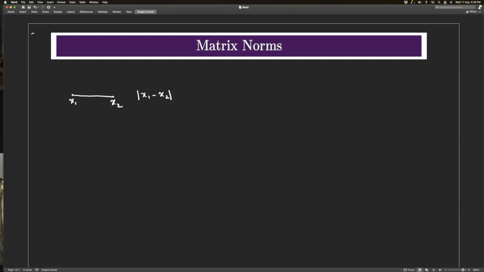The same, if you come to R2 and take 2 points, say x1, with coordinates x1 and y1, and another point, say x2, with coordinates x2 comma y2, and ask what is the distance between these 2 points. Again, you will draw the line between these 2 points and measure the length of that line, right?